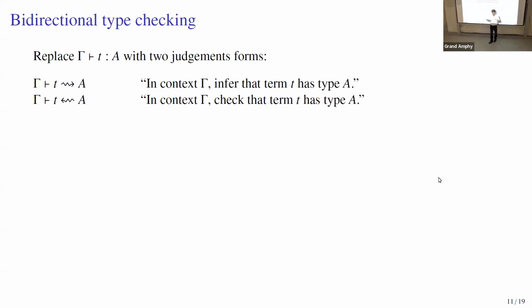But then we also need something else. We are sometimes given both T and A, both as input, and then we want to check that T has type A. So that's the other task. Here A is output; here both are input. That's how we want to write our rules.